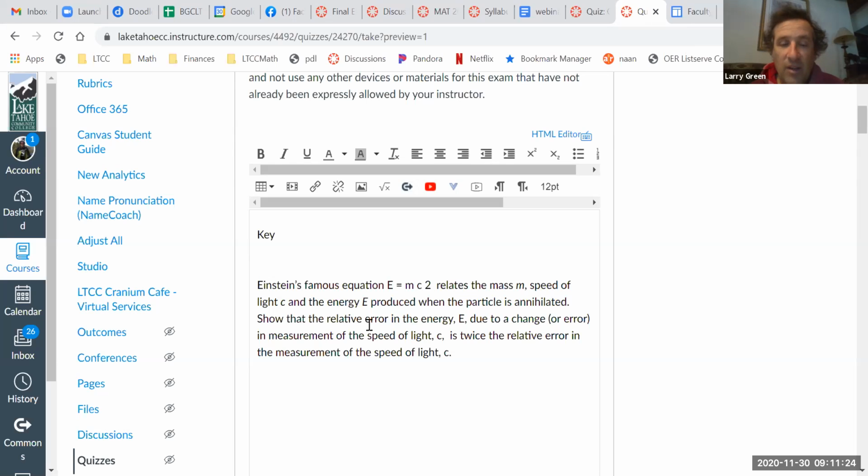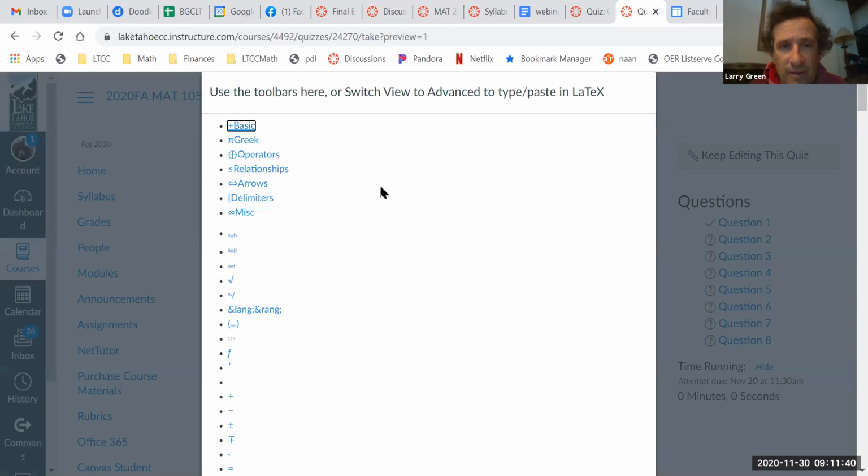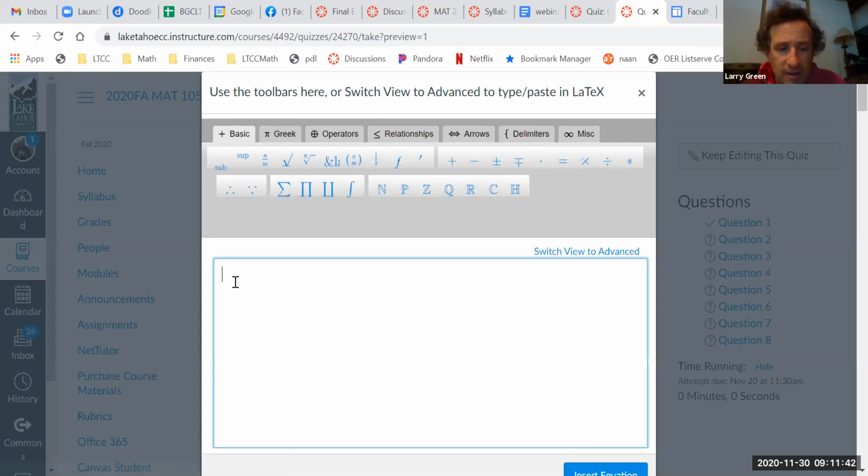So in this case, of course, our letters aren't y because I wanted to be realistic. E equals mc squared, no one uses different letters than that that I've ever seen. So we want dE over E. So let's write this out. E equals mc squared.